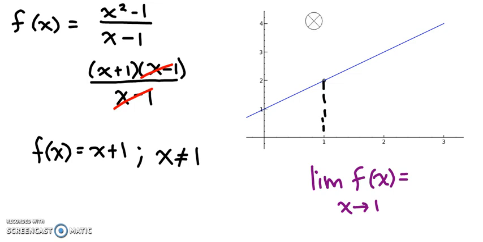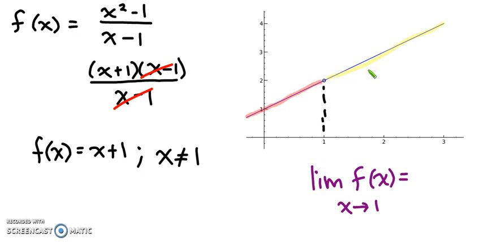When you are considering the limit of f of x as x approaches 1, I want you to consider the left side and the right side of f of x at x equals 1. The left side of f of x at x equals 1 is this part of the function, and the right side is this part of the function.